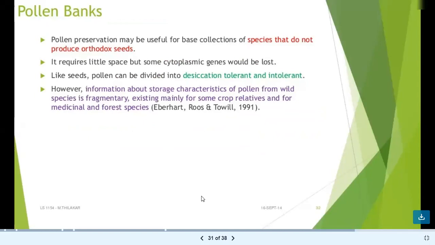Like seeds, pollen can be divided into desiccation tolerant and intolerant pollens. However, information about the storage characteristics of pollen grains from wild species is fragmentary, existing mainly for some crop relatives only and for medicinal and forest species.